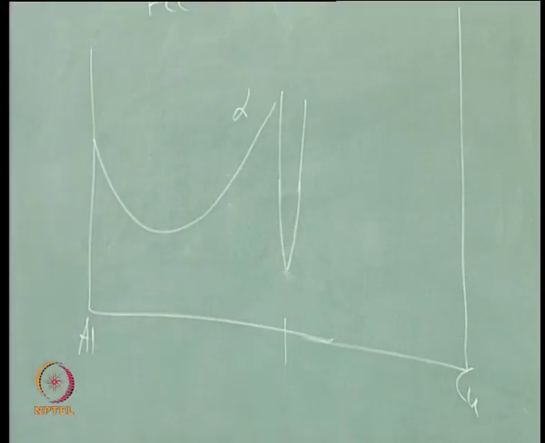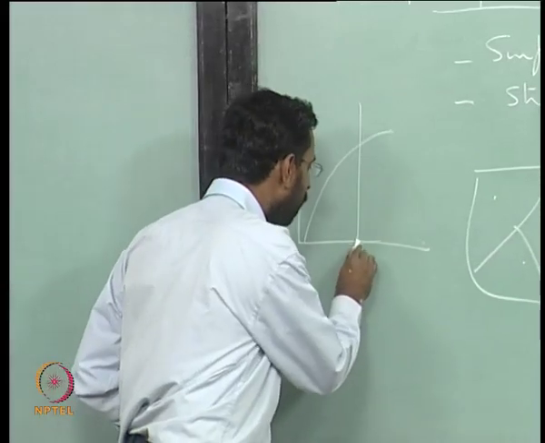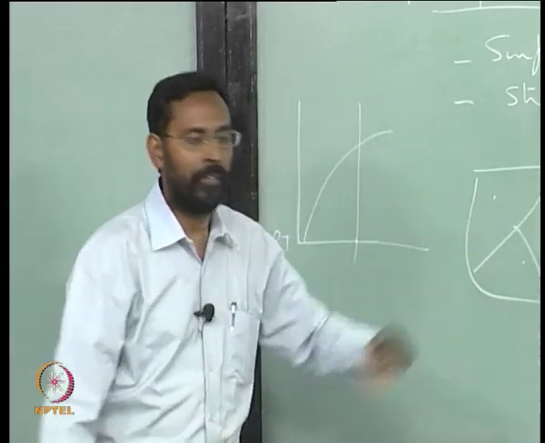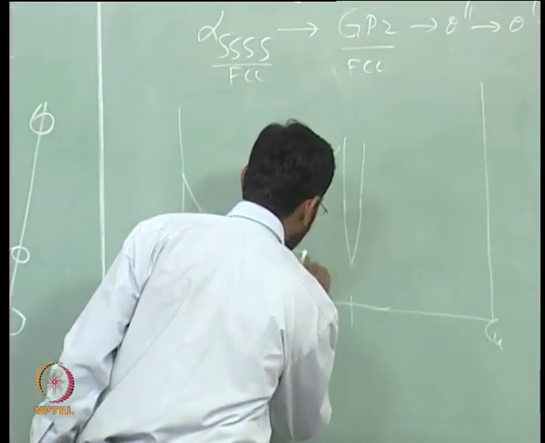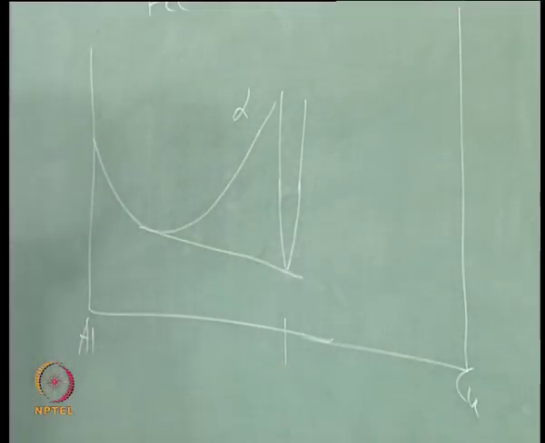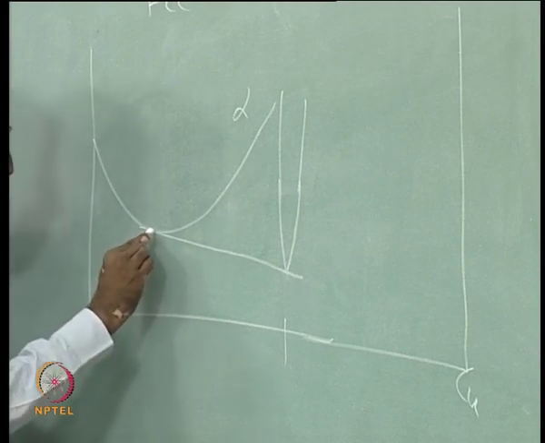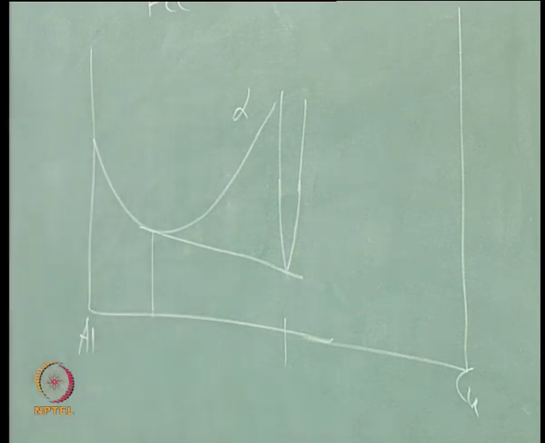So once the supersaturated solid solution comes, and at this temperature, if you look at the free energy composition diagram, you will see this is the common tangent, where this composition is this composition.